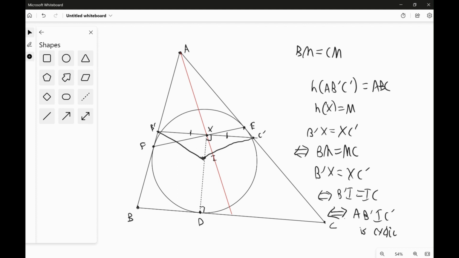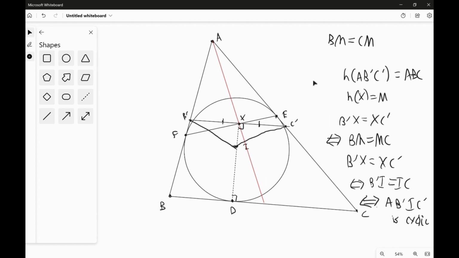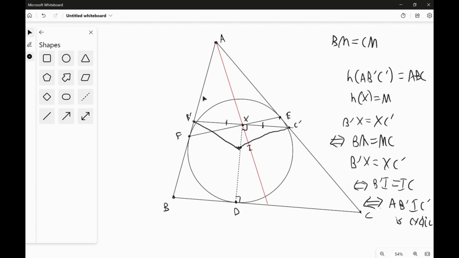Now at this point we might feel kind of stuck because we don't really know that much about the points B' and C' either way. Well, the reason why we wanted B' and C' in the first place is because we have right angles here and here. So F, X, E are the perpendiculars from I to AB', B'C', and C'A.